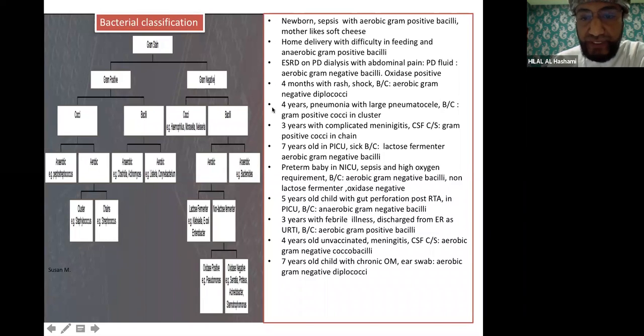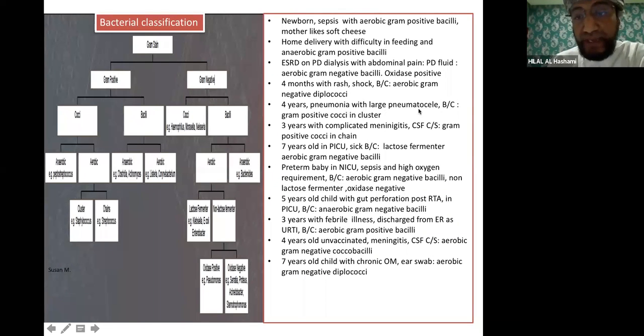By knowing this characteristic, you need to modify your antibiotic to cover Pseudomonas. A 4-month-old with rash and shock, and the blood culture grows aerobic gram-negative diplococci. And again, this is a medical emergency, and this baby has meningococcemia.